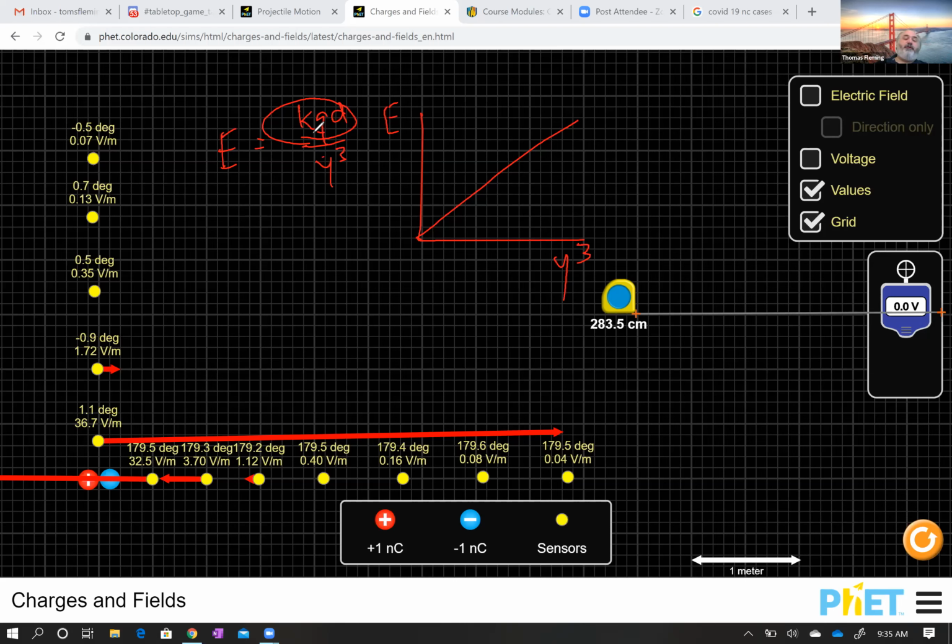Now we also have to test the other parameters. You have to test whether or not the dependence on the charge or on the distance between the charges pans out the way you expect. How am I going to pull that off? Well, for that, I don't want to have measurements at a bunch of different distances. I only want to have measurements at one distance.